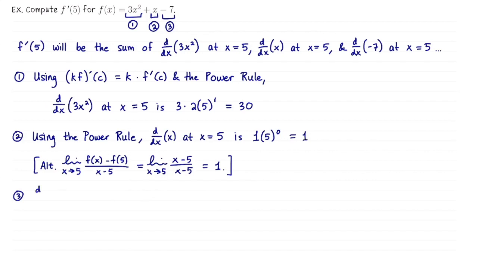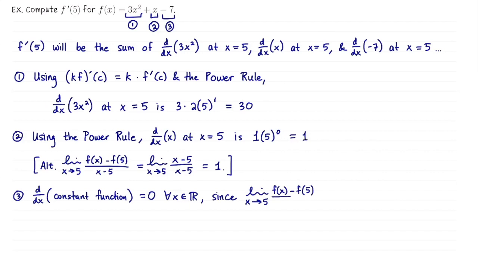And then lastly, the derivative of any constant function, like y equals negative 7, is just 0. And again, for that, you can compute the limit of the difference quotient in a straightforward manner. If we take the limit as x approaches 5 of f of x minus f of 5 over x minus 5, where our function sends everything to negative 7, then that's the limit as x approaches 5 of negative 7 minus negative 7 all over x minus 5.